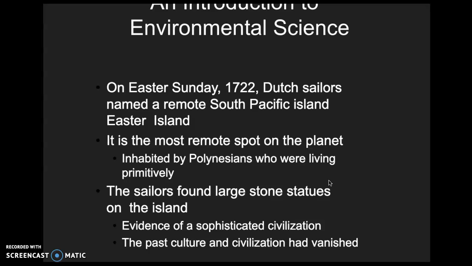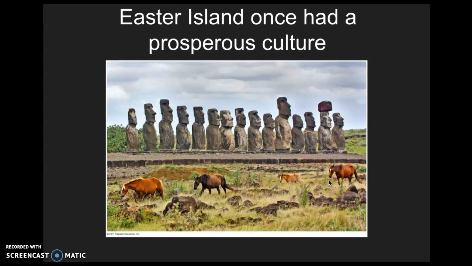And the sailors found these large stone statues. You might be familiar with these, which gave evidence for sophisticated civilization and culture which had vanished. And primarily the reason for that is they arrived in around 1200 AD. It's a very small island, so it's very fragile.